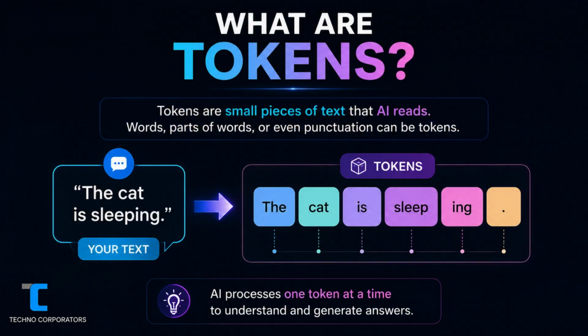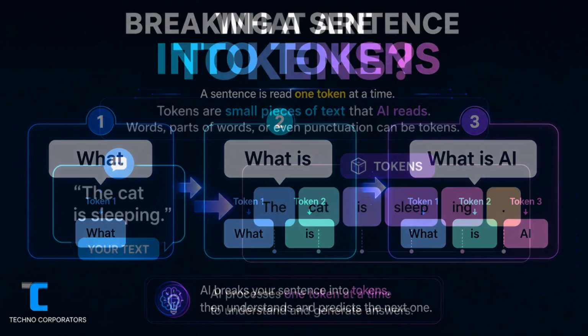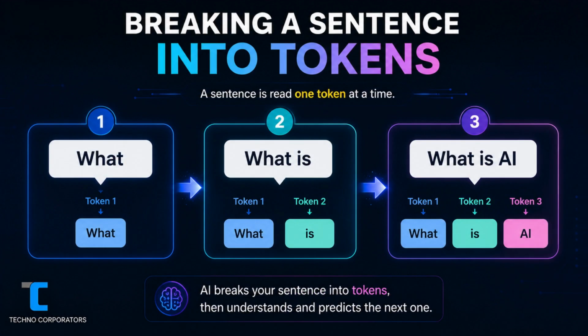Before AI can understand language, it first breaks your message into smaller pieces called tokens. A token might be a whole word, part of a word, a punctuation mark, or even a space. These tokens become the basic building blocks that the AI processes to understand your question. Let's take a simple sentence.